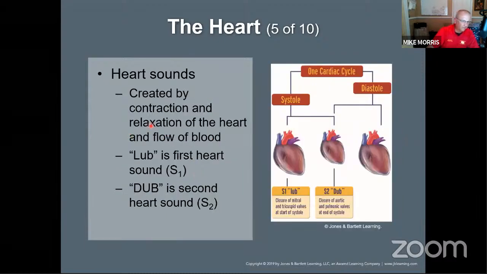We got heart sounds. That's probably new to you guys. When you're listening for heart sounds, there's S1 and S2. We call it lub and dub. In S1, what you're hearing is the closure of your mitral valve and your tricuspid valve, right? And it says the start of systole. What does systole mean?